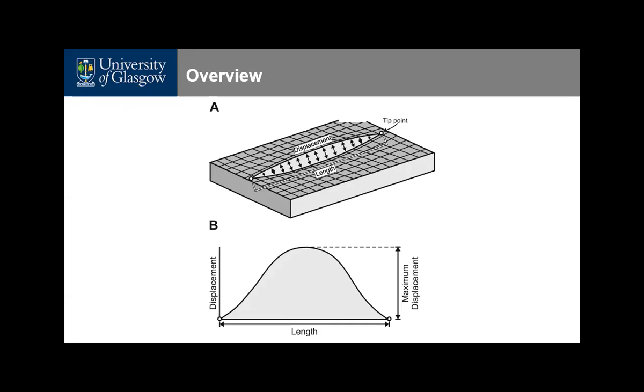Length is the measurement from tip to tip. Displacement is measuring how much offset there is. And then I'm usually going to put it on a little length and displacement plot where this is that length from tip to tip there. And then this kind of typical bell curve is the measurements of displacement across the length of the fault. So I'll be talking about that a lot throughout the talk.